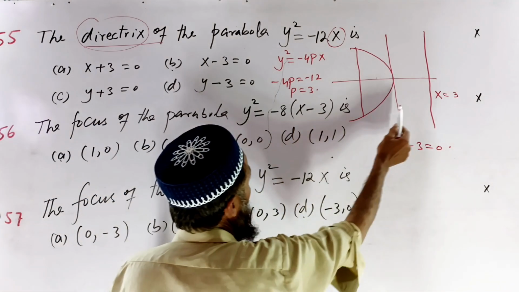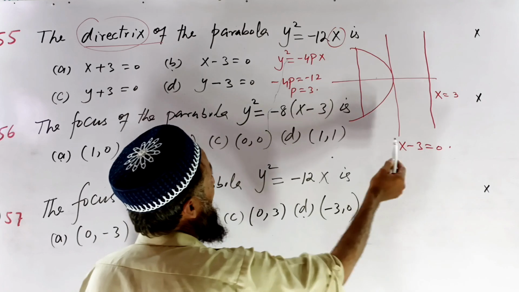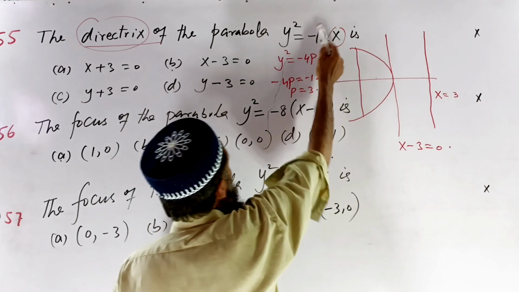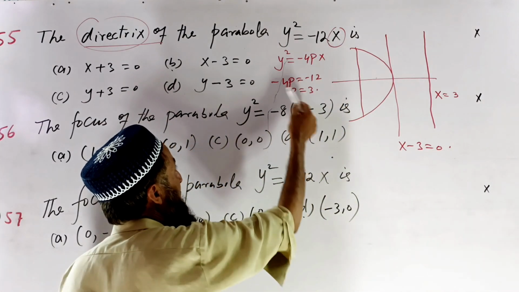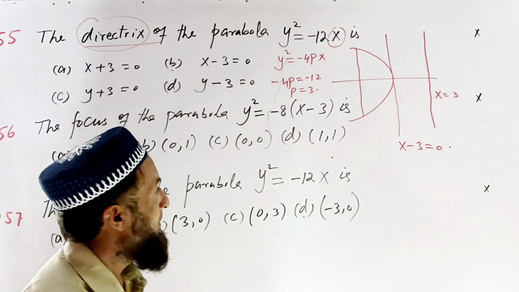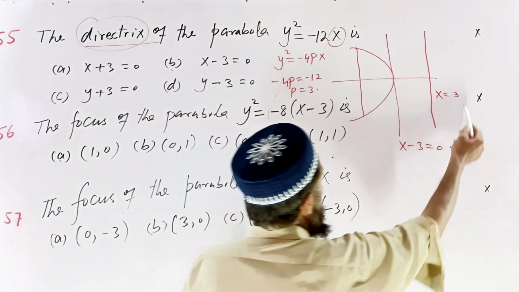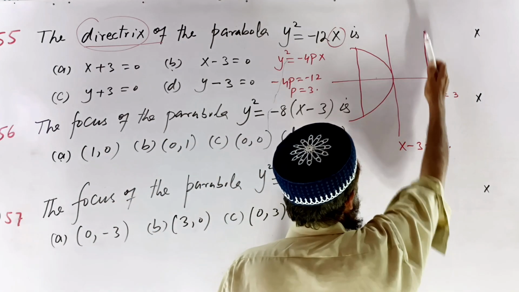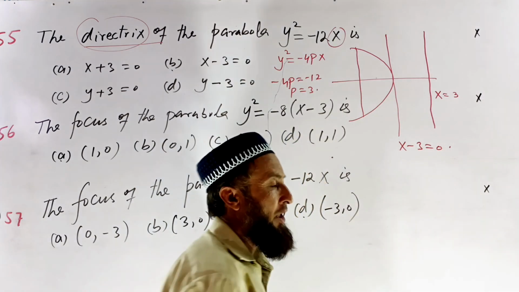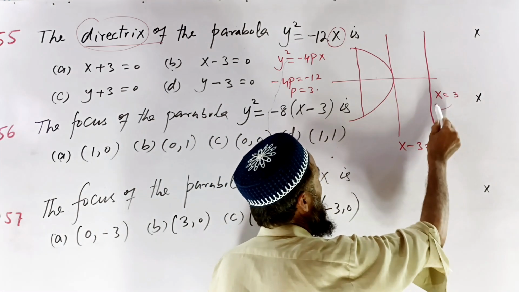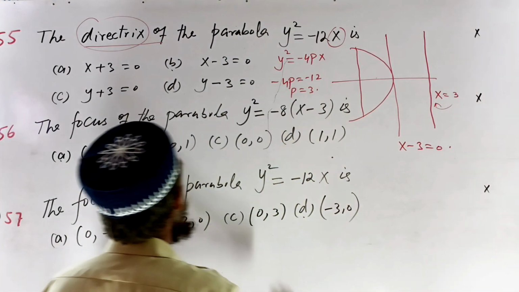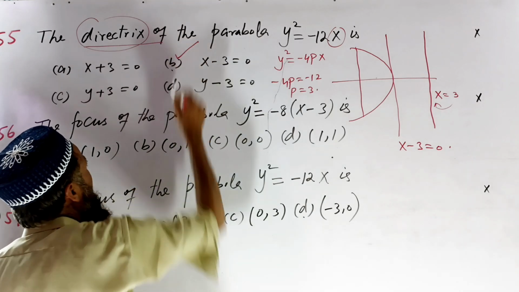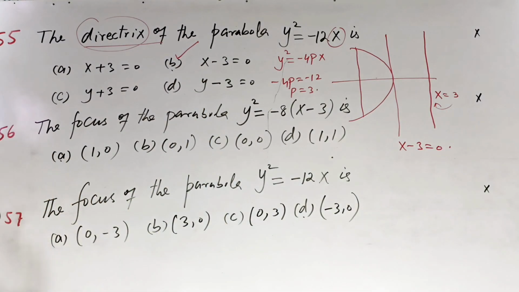Here p is equal to 3, and 4p is the latus rectum, from minus 12. So the directrix line is x is equal to 3, or x minus 3 is equal to 0. The correct option is B.